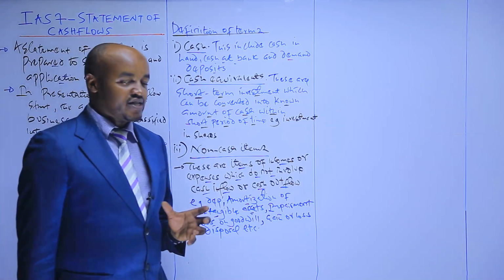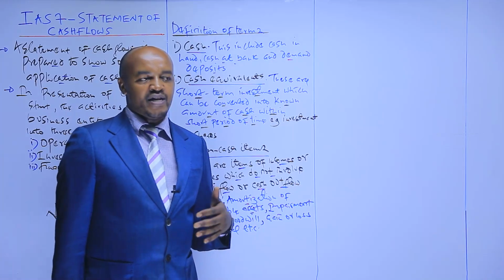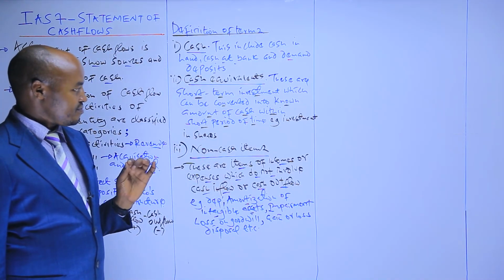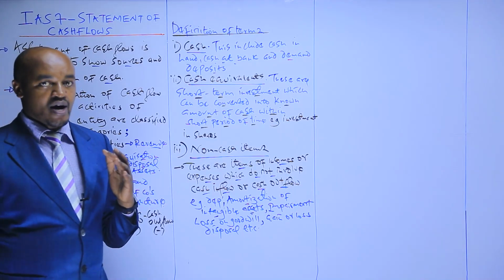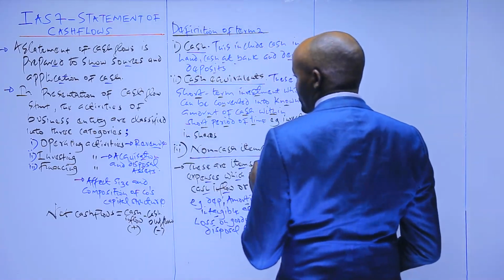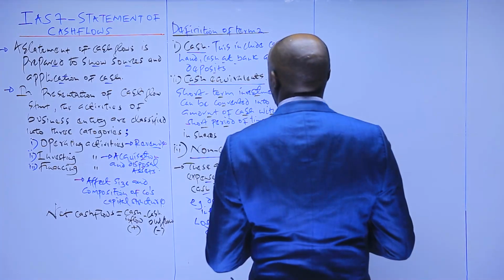These are terms which you must be in a position to define, because you are going to come across them when preparing the statement of cash flows. From there, let's proceed and look at how we prepare our statement of cash flows.